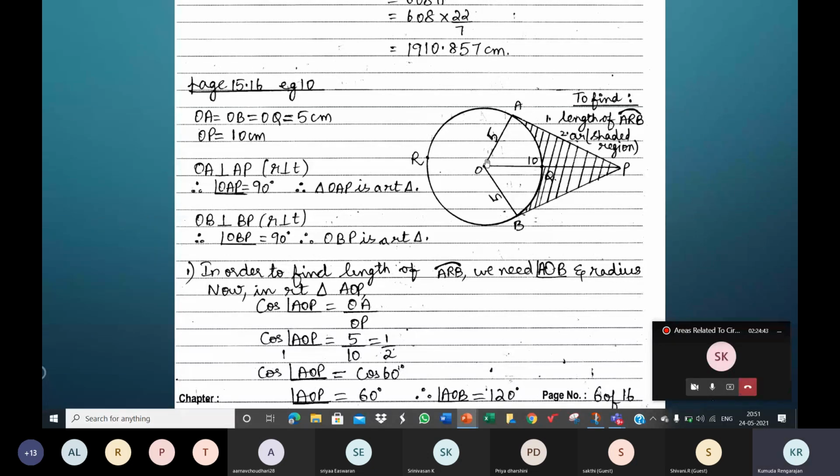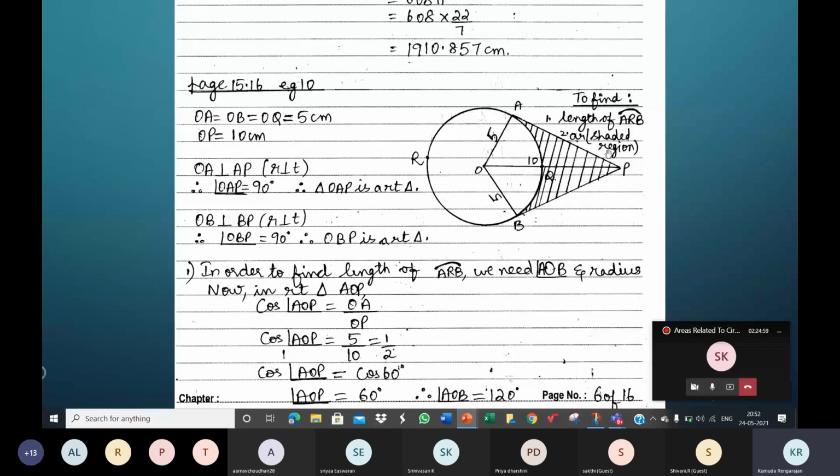Now we know that OP is 10 centimeters. Please listen to me. We know that the radius OA is 5 centimeters. We also know that angle OAP is 90 degrees by the theorem.